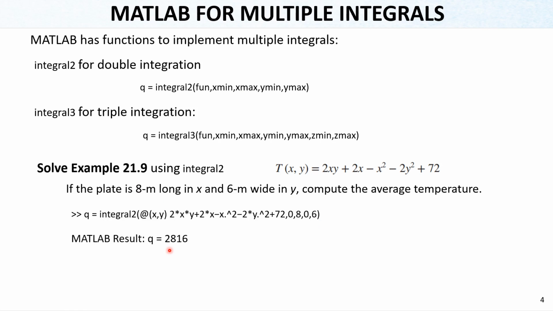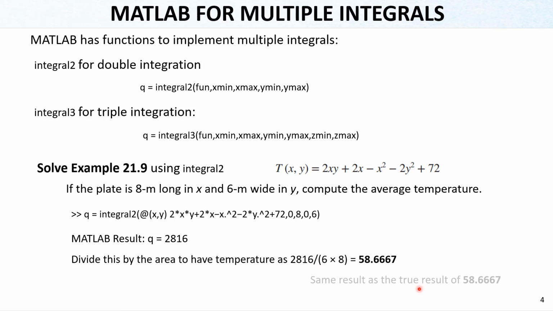MATLAB gives us this value, and we need to divide it by 6 minus 0 and 8 minus 0 to get the mean, so that we can get the temperature. You can see that this is the same as the true result, and we showed in example 21.9 that Simpson's rule is also giving the exact result. So probably this is using Simpson's 1/3 rule to get the exact result.